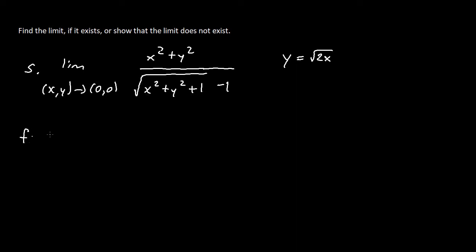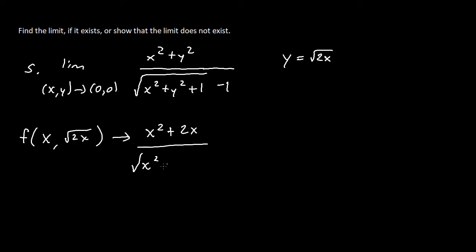So we do f of x comma, now y is going to be replaced with the square root of 2x. So I have x comma the square root of 2x. When I do that, we'll get x squared plus the square root of 2x squared, which is just 2x, over the square root of x squared plus 2x plus 1, and then minus 1 on the outside.